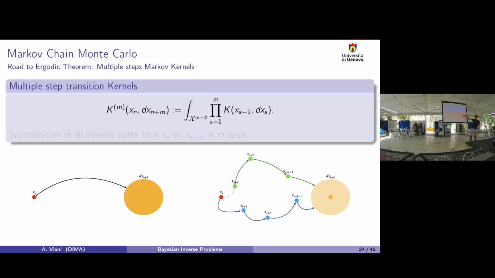And it is nothing but the superposition of all possible paths that go from xn to xn plus k. It's very simple. I just take all possible paths and then I sum the probability. And this tells us the probability of moving from xn to xn plus k.